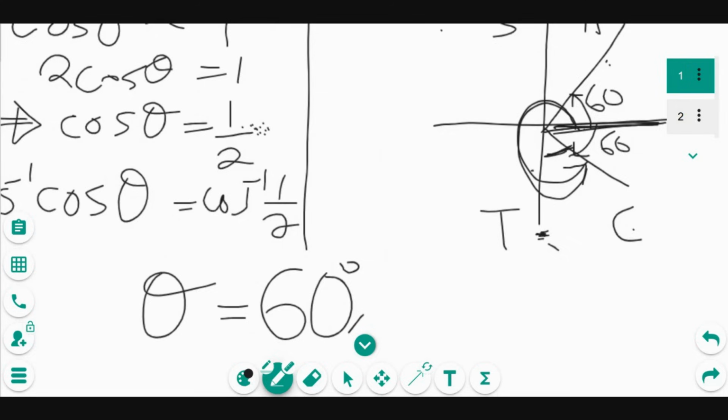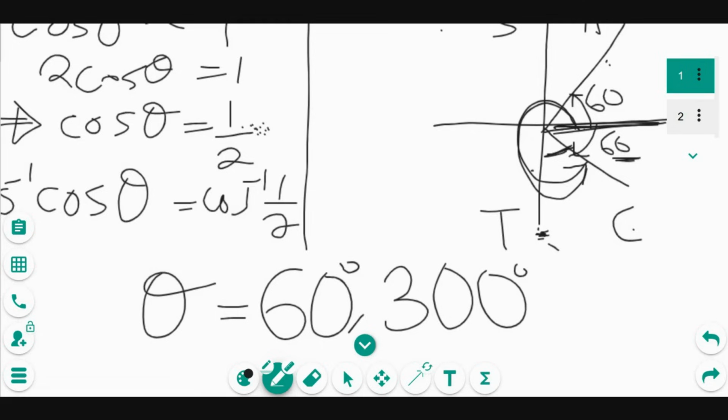That is 270 plus 30, that is 300. Or I get 360 minus this 60, because the whole complete cycle is 360 but I've only left out 60. Meaning my two answers are 60 degrees and 300 degrees.